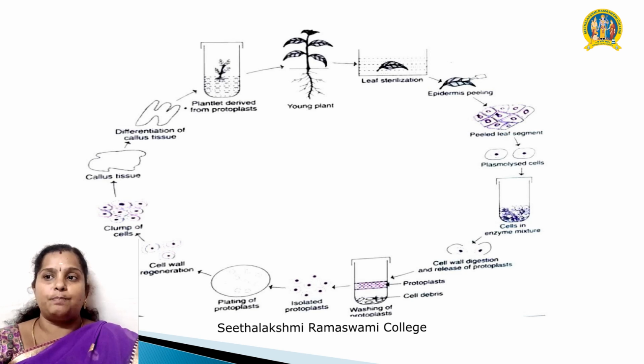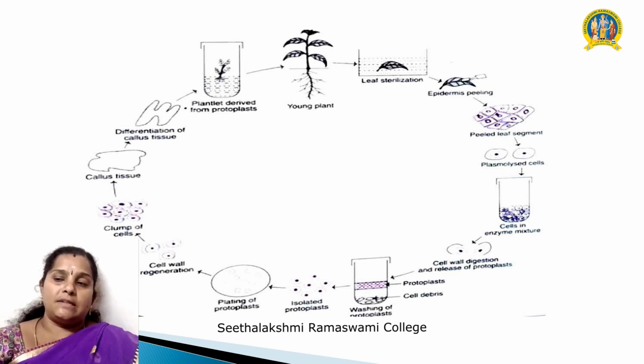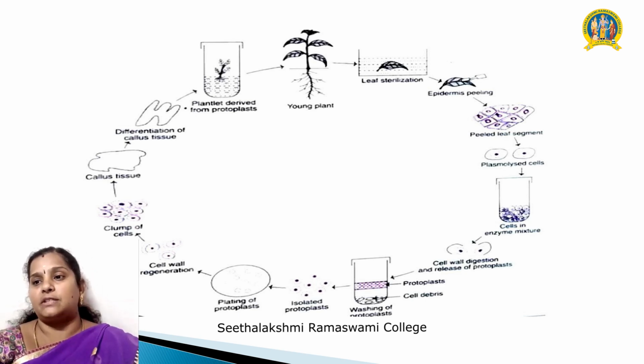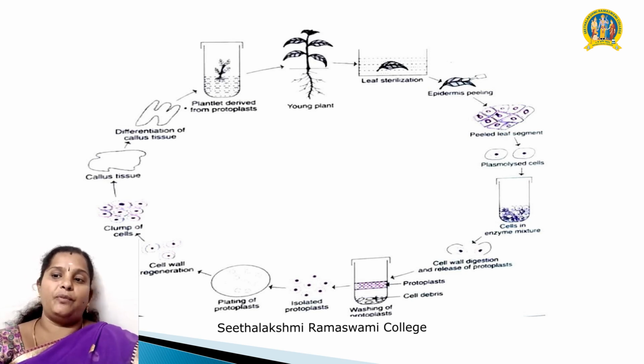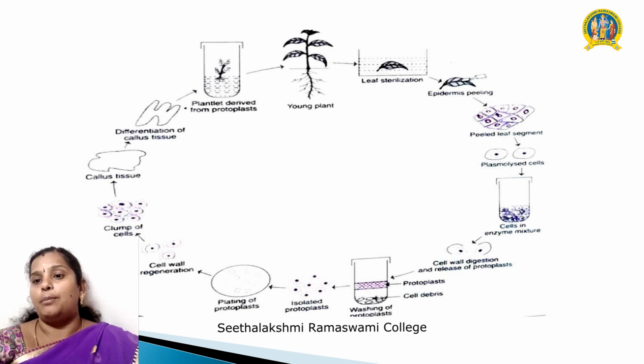The peeled leaf segment is taken and the cells are plasmolyzed using hypertonic solution. In the enzymatic mixture the cell wall is digested and the protoplast is released. After release, it is centrifuged, the aqueous is discarded and the pellet is collected. The pellets are then washed.